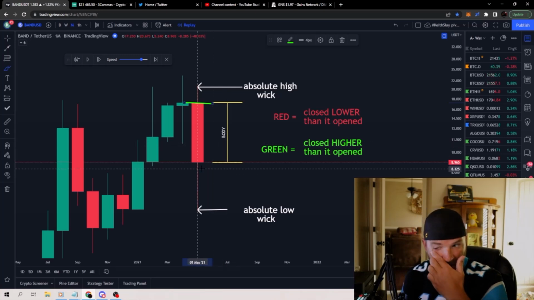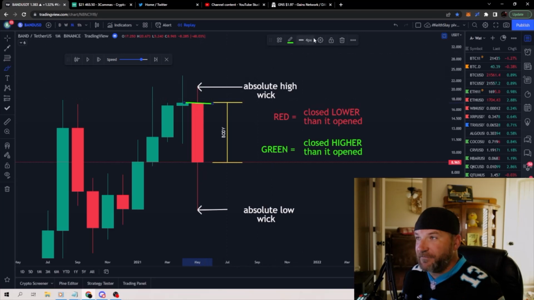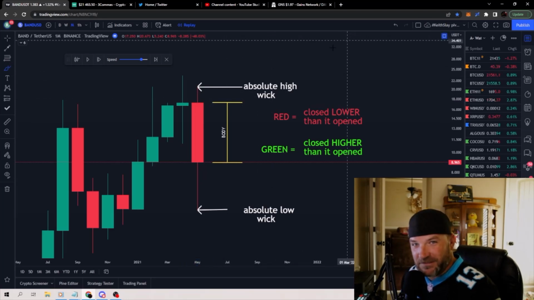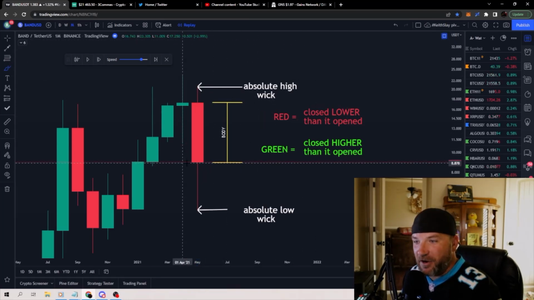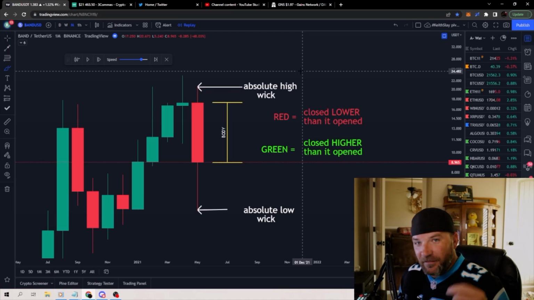In May of 2021, this candle started here. Unfortunately for that month, it was pretty bad, wasn't it? And the candle fell all the way to here when it closed at the end of the month. So on the 1st, it started here, and at the end of May, that's 31 days, bad news, it closed lower than it opened. This caused the candle to turn red.